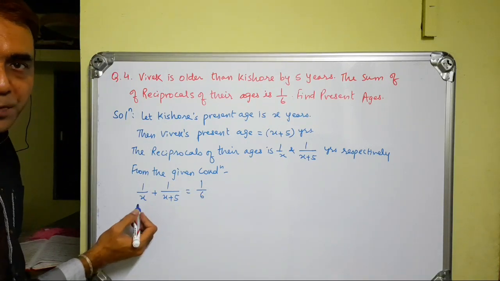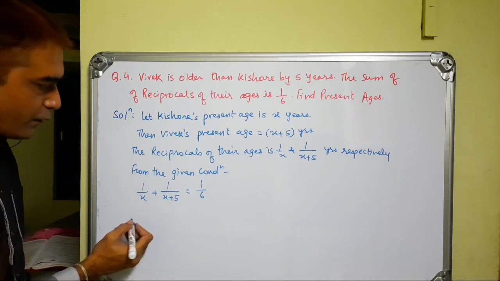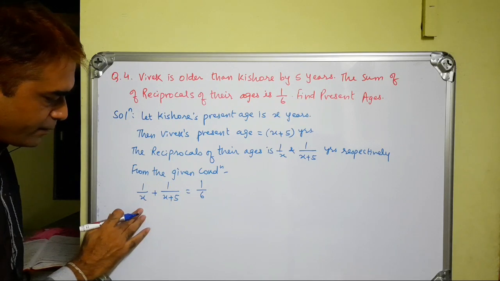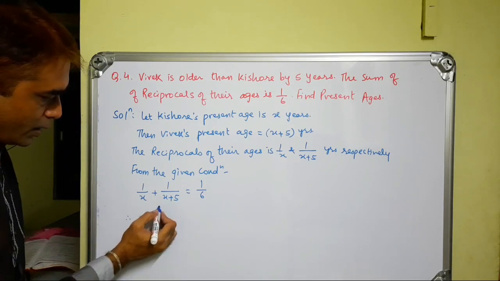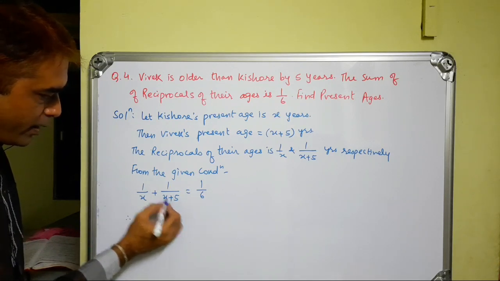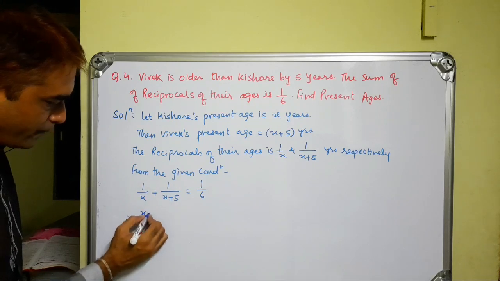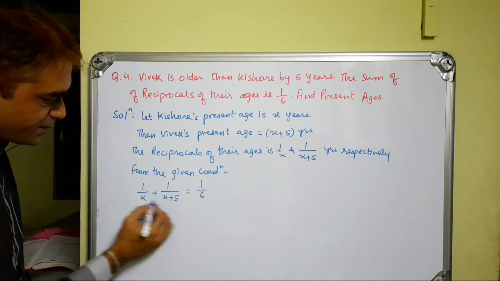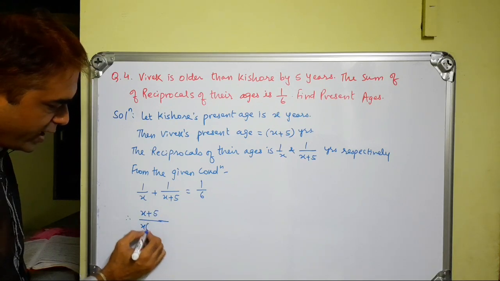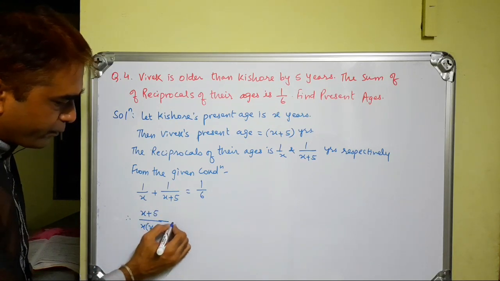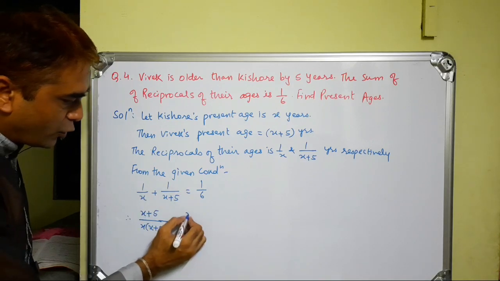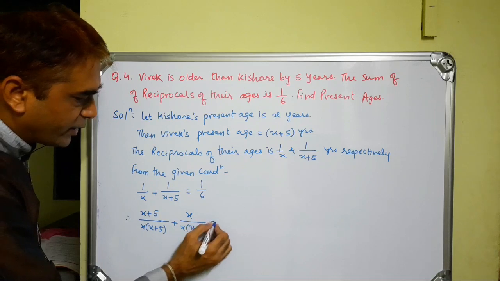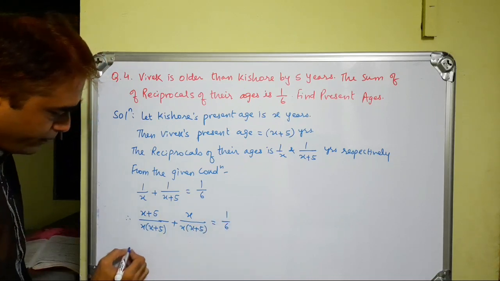Now we'll simplify this equation to get the standard form. So for addition, the denominators should be the same. So we'll make the denominators equal. x plus 5 will be multiplied to 1, x plus 5 upon (x plus 5) into x. So x into (x plus 5) plus x multiplied by 1, x upon x in the bracket (x plus 5) equals 1 upon 6.